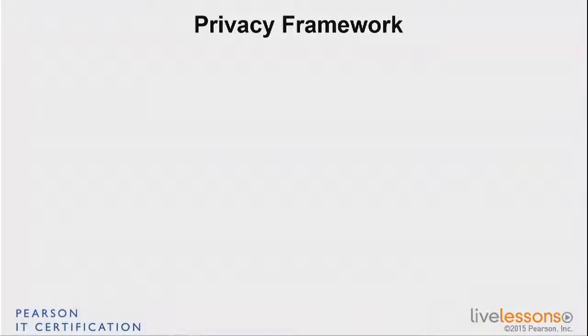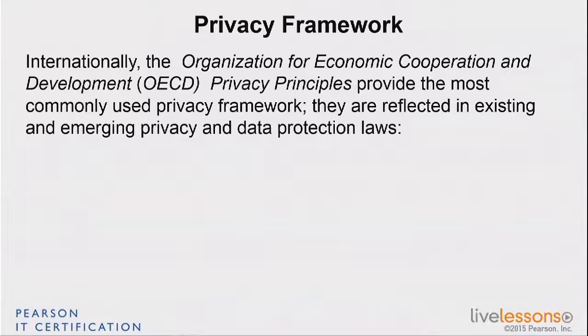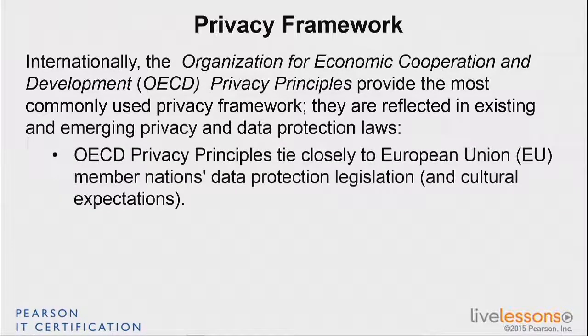So let's look at some privacy frameworks. Internationally, the Organization for Economic Cooperation and Development, which is the OECD, published some privacy principles that really provide the most commonly used privacy framework. They are reflected in existing and a number of emerging privacy and data protection laws. OECD privacy principles tie very closely to the European Union member nations' data protection legislation and cultural expectations.